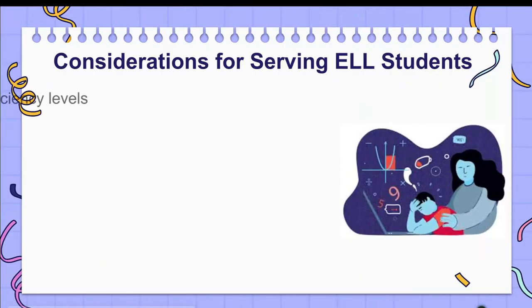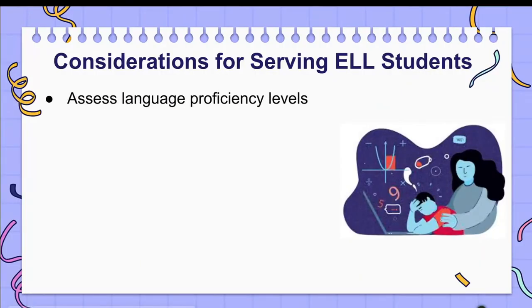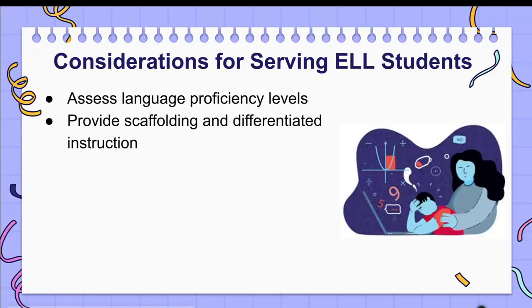When working with ELL students, there are several important considerations. First, assess language proficiency levels. This will help you tailor your instruction appropriately. Provide scaffolding and differentiated instruction. This might mean providing sentence frames for mathematical discussions or offering multiple representations of a concept.